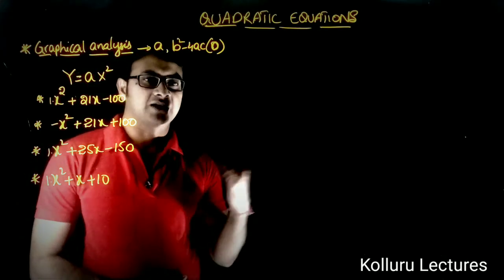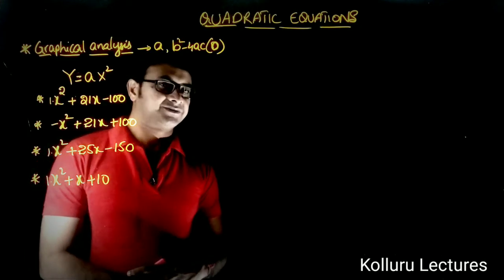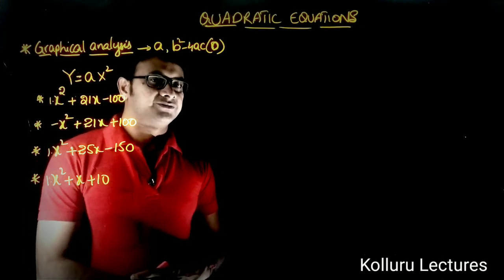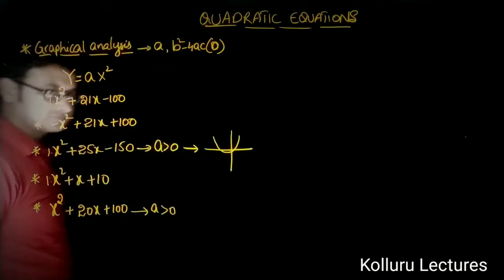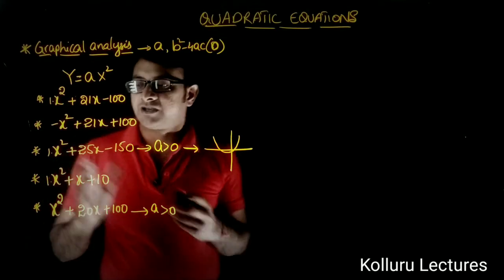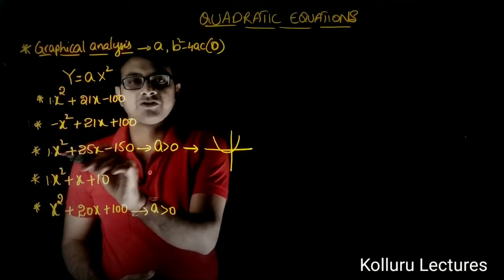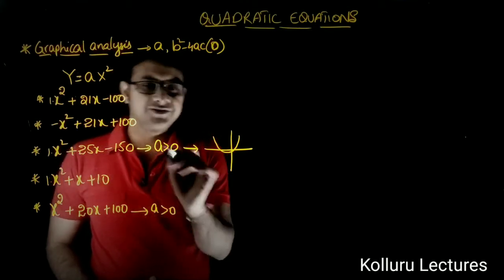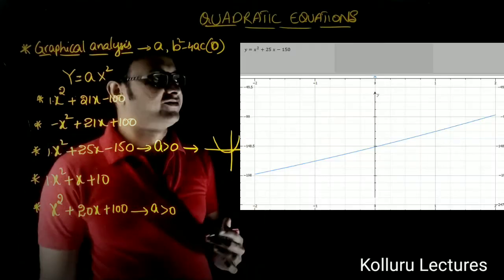So now let us have the graphical analysis regarding it. Here, in the equation x square plus 25x minus 150, the coefficient of x square is 1, so a is greater than 0, and the graph will look like this.